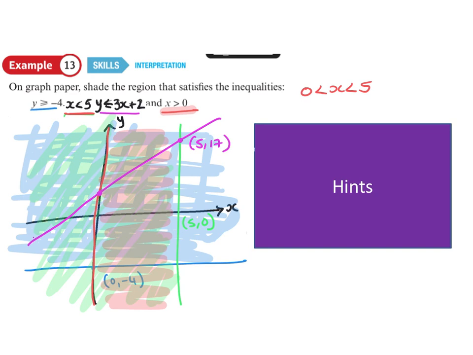We know that this one is 0, 2. Okay, and it wants less than, so we want below the line. So actually, the complete area is this region here. It's the trapezium. Yeah?